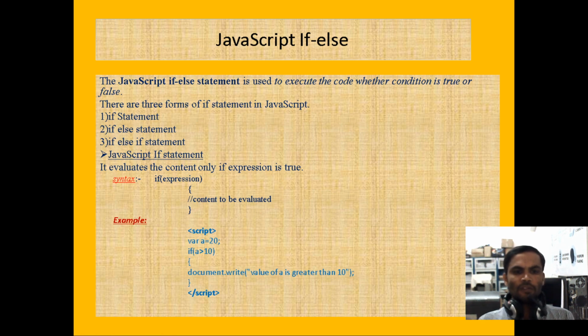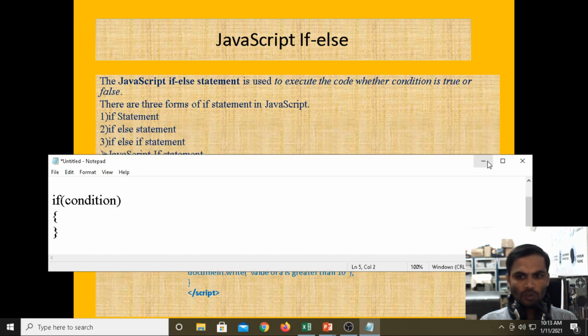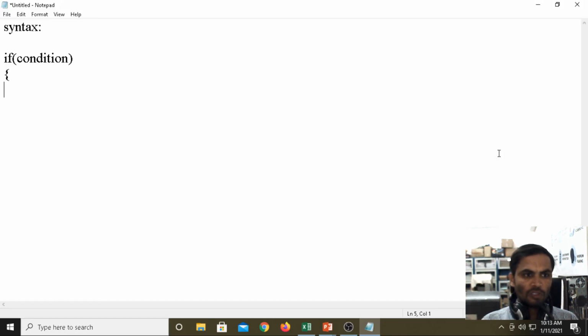For example, under the if condition, you declare a variable and assign it the value 20, then give the condition a greater than 0. Now let's open a window and write the program.